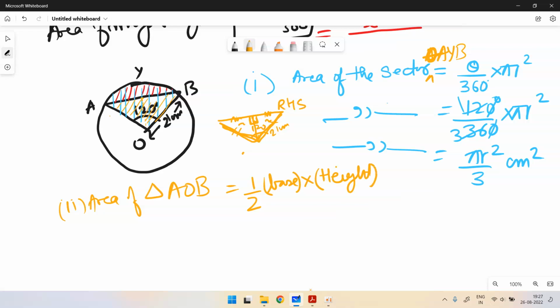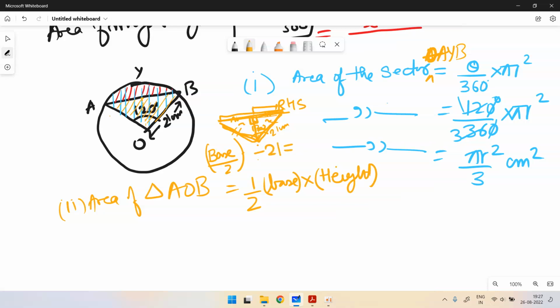For this triangle AOB, this is the base and this is the height. So first you need to calculate the base. What is this base? If you consider this the base, then this is half base, or base by 2, divided by 21.